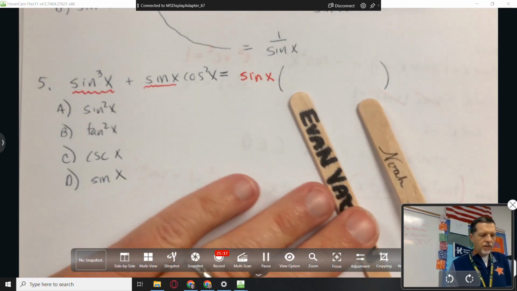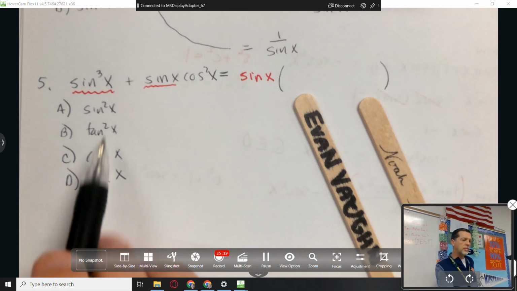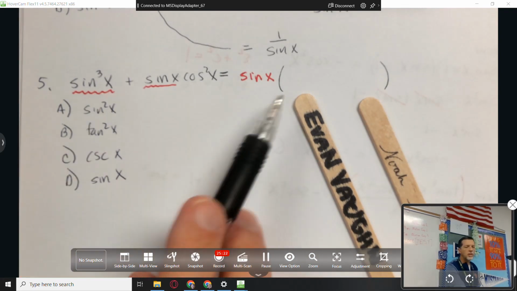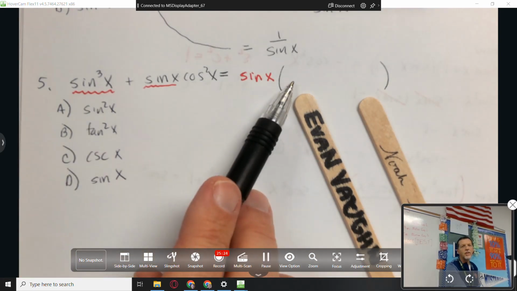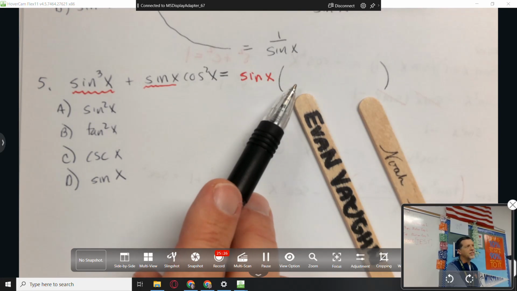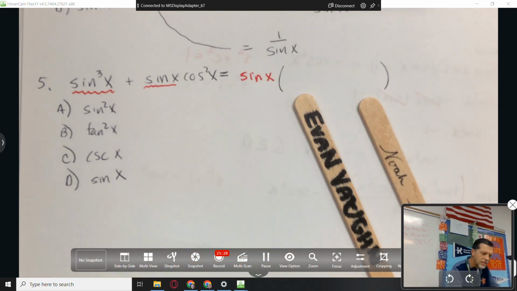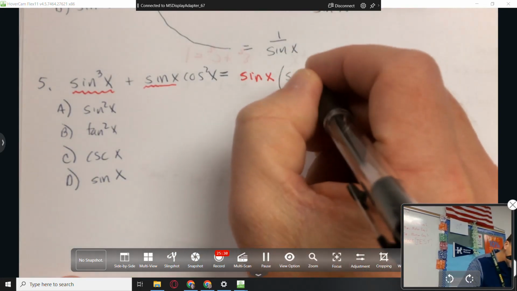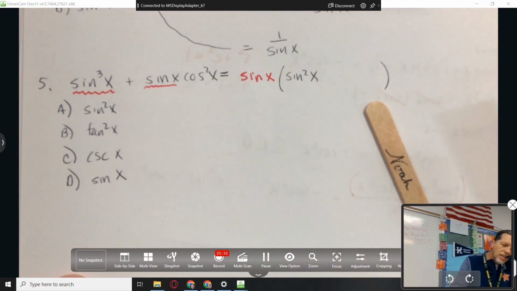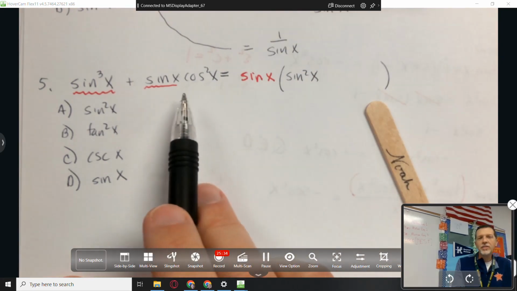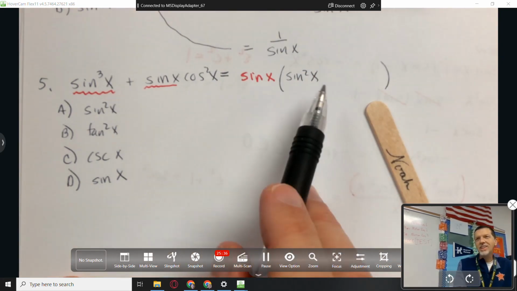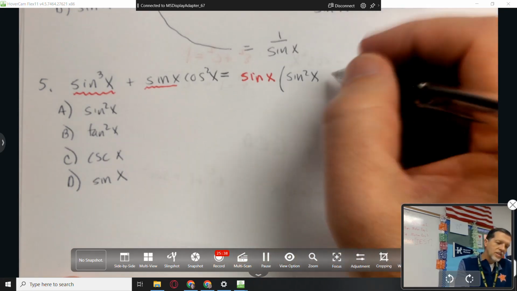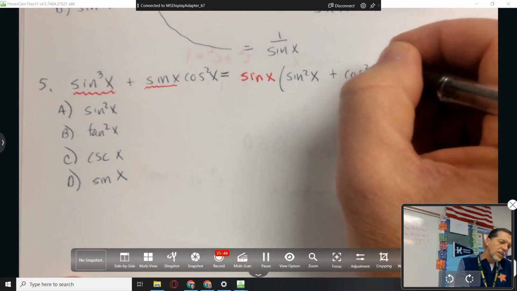So, Evan, if I take a sine away from sine cubed, what needs to be the first blank in my factor here? Sine squared. Noah, if I take sine off of sine times cosine squared, what goes? Cosine squared.